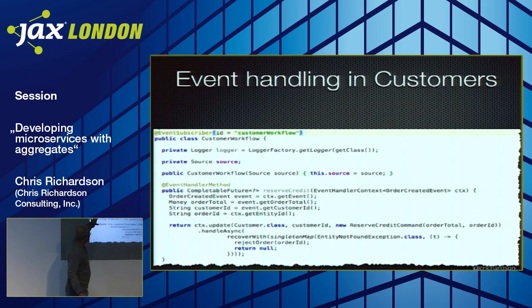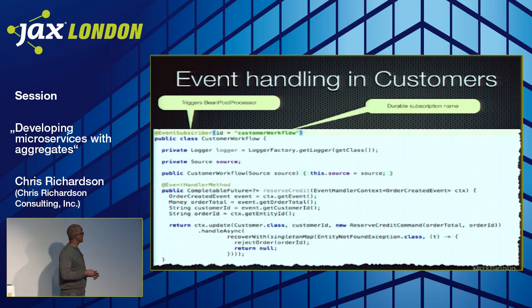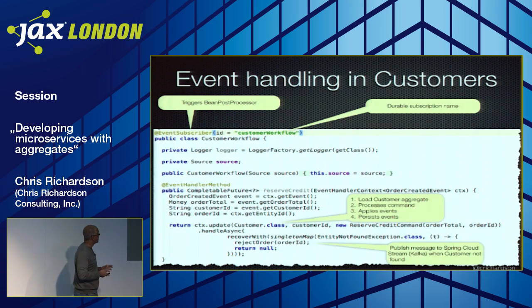And then here's an event handler for the order created event. All that's doing is updating a customer with this ID, telling it to process the reserve credit command. So it's finding the aggregate in the database, loading it, processing the reserve credit command, and then saving those events back into the event store.